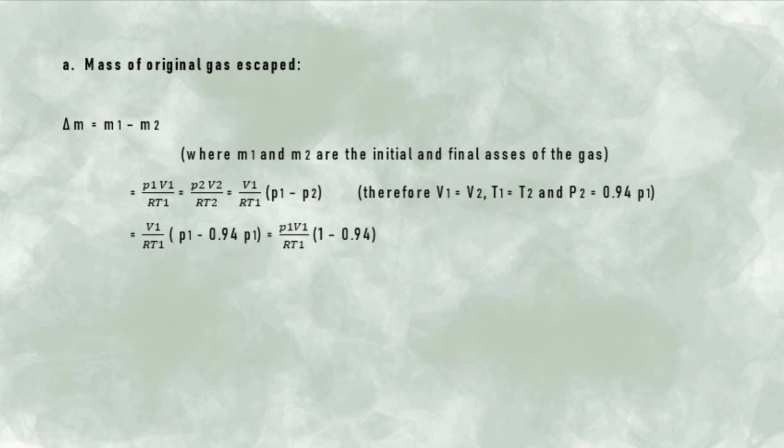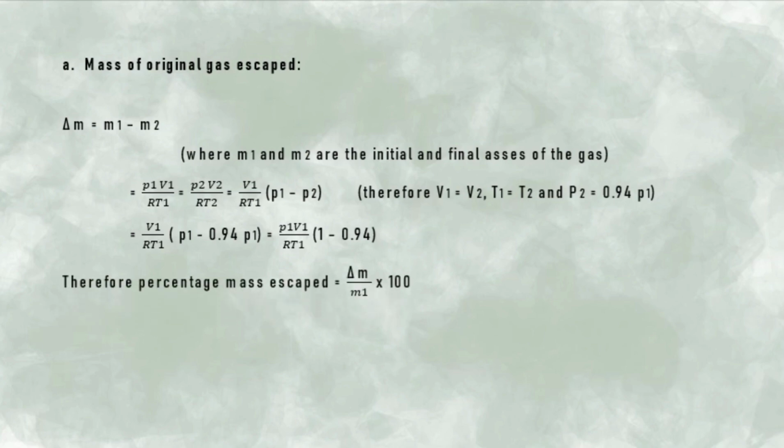Now we have initial volume over the gas constant multiplied by initial temperature, all multiplied by the initial pressure minus 0.94 P sub 1, which equals the initial pressure multiplied by initial volume over the gas constant multiplied by initial temperature, all multiplied by 1 minus 0.94.